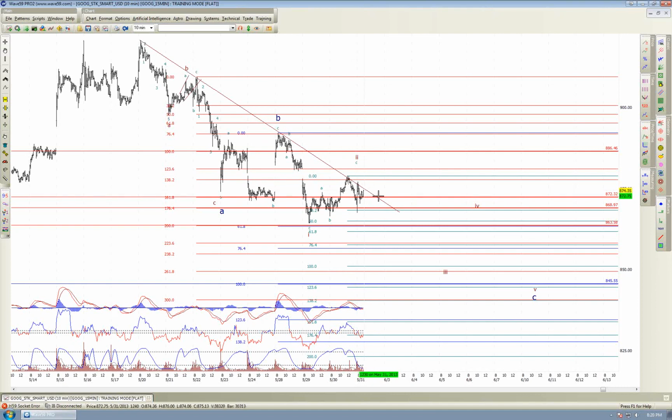If I had shorted, which taking this short is not my personal style, I probably wouldn't have, then I would probably be feeling pretty uncomfortable at this point, and would either hedge it if it wasn't hedged already, or maybe move my stop down to this high.